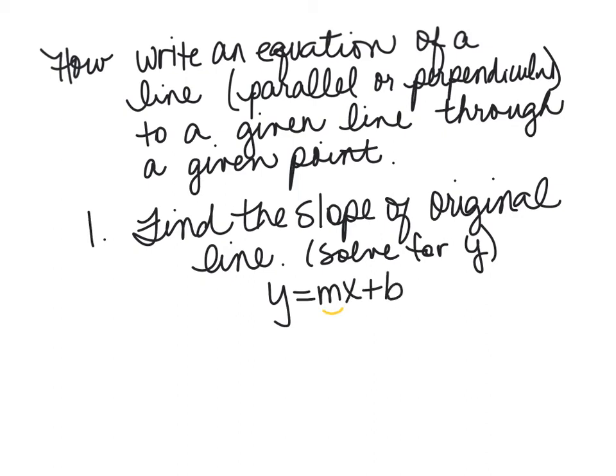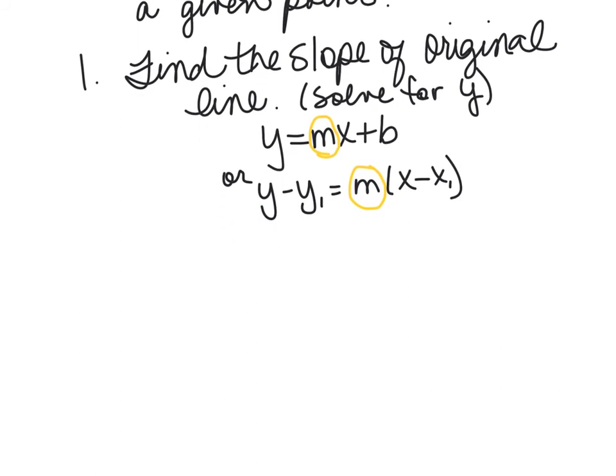Okay, and then you'll know that your slope is the m. Maybe you'll have it in point-slope form and recognize it, so that would be okay too. But if it's in standard form, you can't tell your slope just by looking at it. Okay, the second thing we want to do is decide, are we doing parallel or perpendicular, and what would I do with the original slope for that?